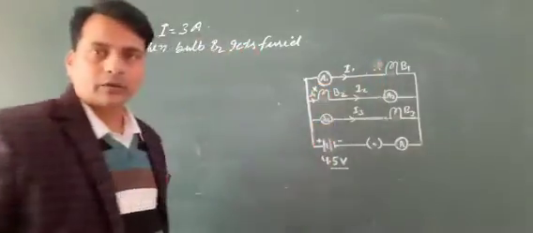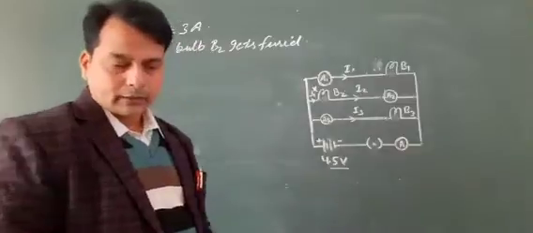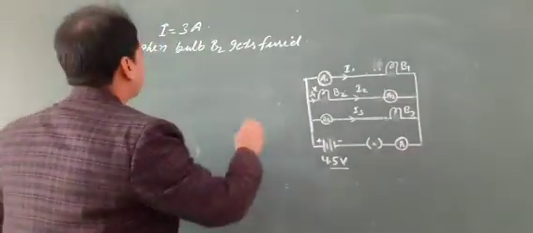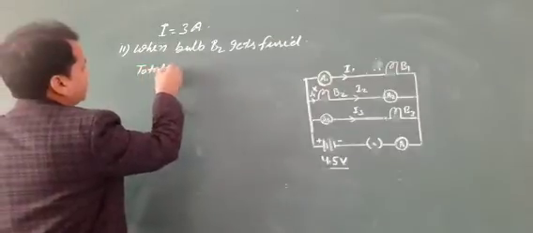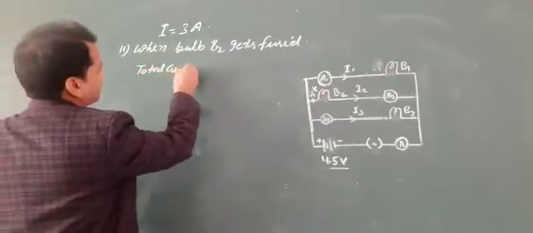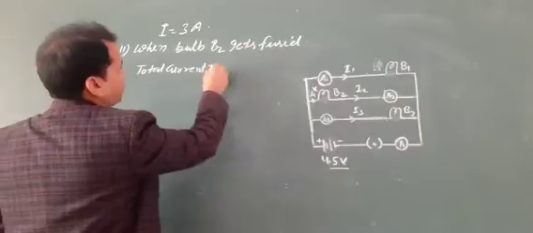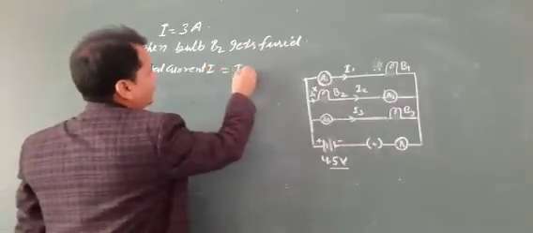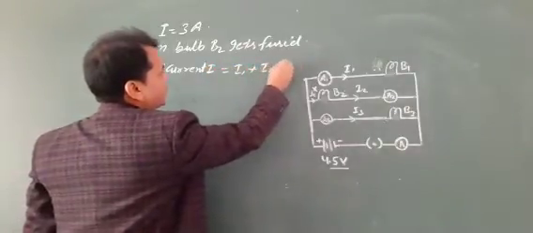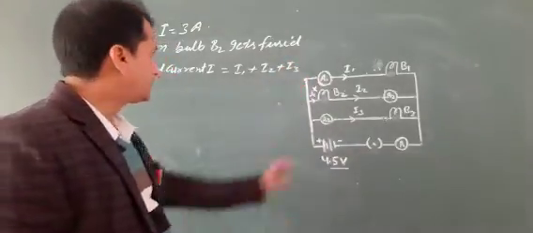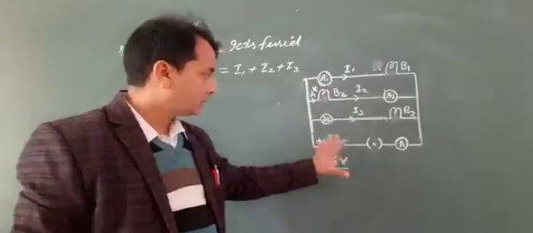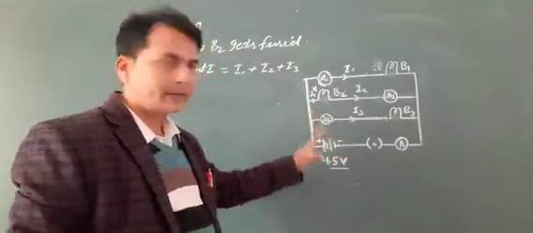So we know that here the total current I equal to I1 plus I2 plus I3. So it is clear that the total current flowing through this circuit is 3 ampere.